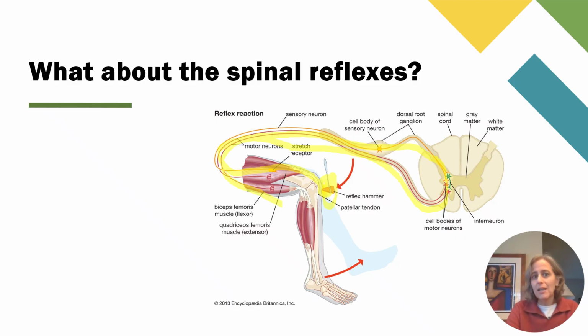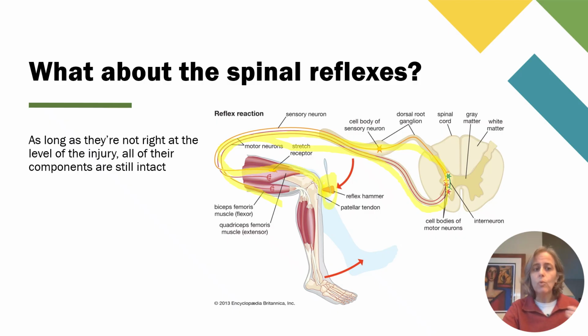So remember, we said it's kind of cool, spinal reflexes don't need the brain. So spinal reflexes don't rely on any axons going up or coming down. So as long as this is not the exact level where the injury was, as long as this part of your spinal cord is intact, even if it's cut off from everything above it, a spinal reflex will still work because all of the components here are still intact.